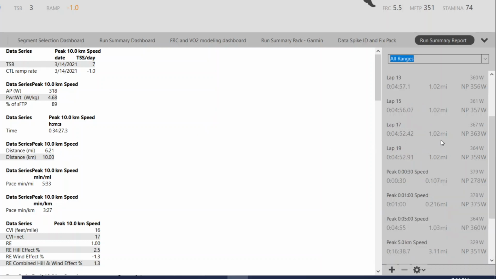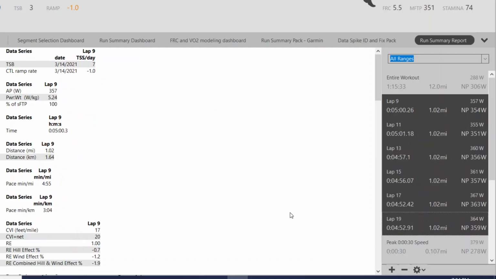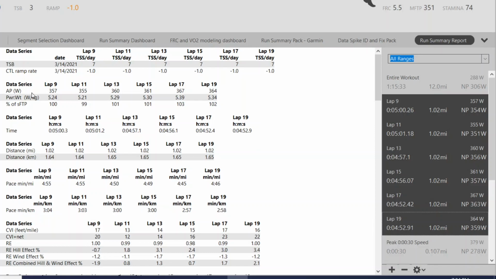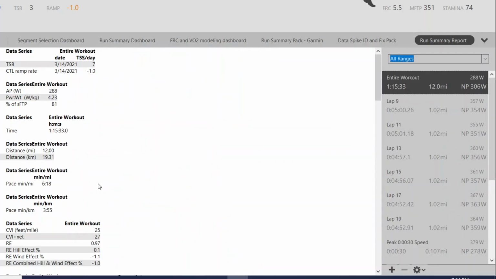And like I said before, and I'm just going to demonstrate this, if I select all these intervals, it's going to give me the percent of FTP for each interval. The average power, the set FTP, of course, these numbers up here don't change, but these will be reported for each particular interval. All right, let's go back.